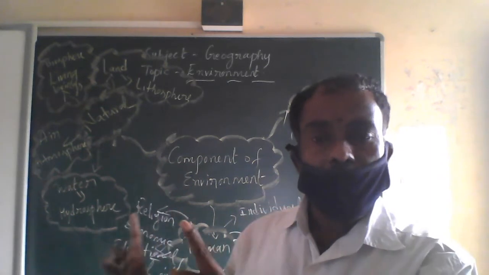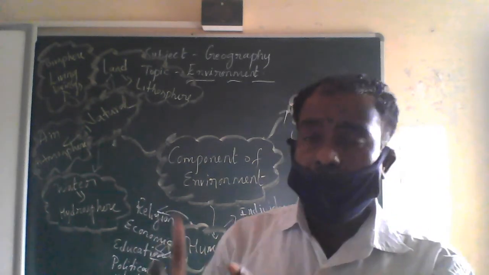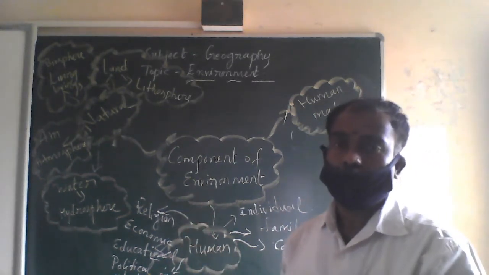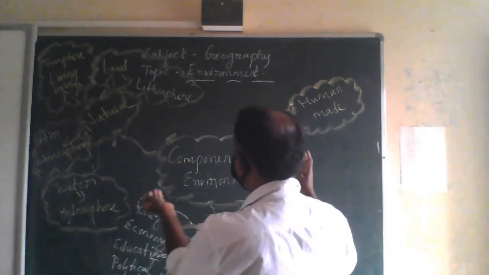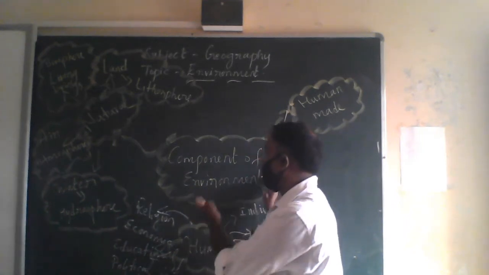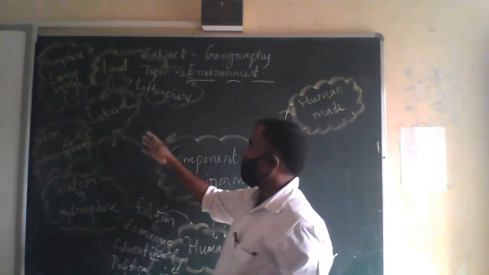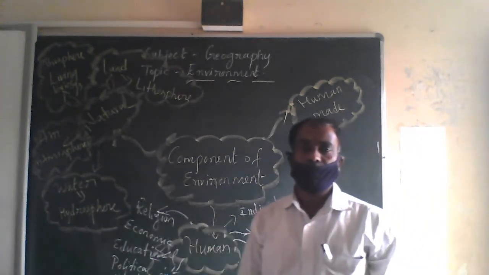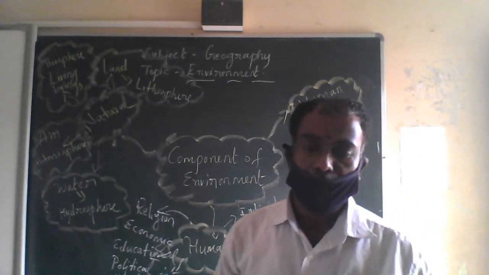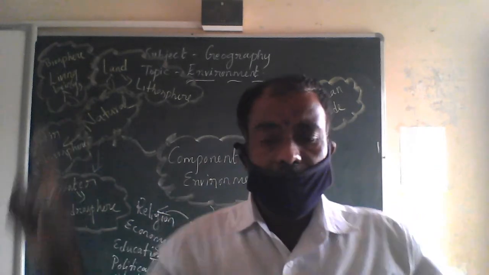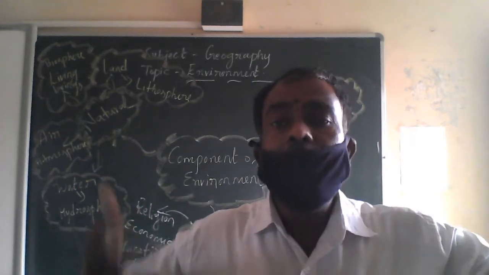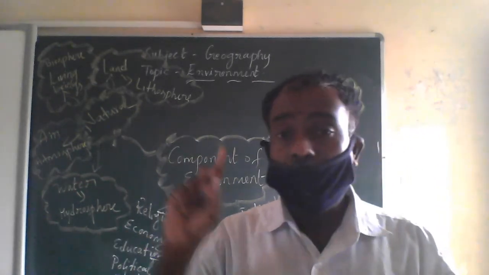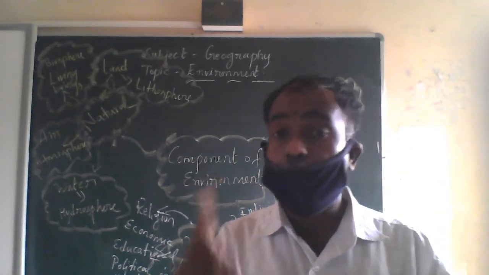See, the environment is a combination of natural and human made phenomena. It is very clear. The environment actually includes natural, human made and human environment. It is the combination. What kind of combination? It is the combination of natural and human made phenomena.